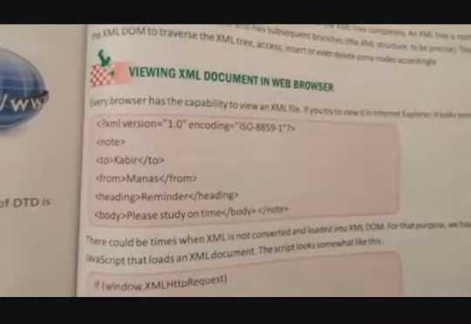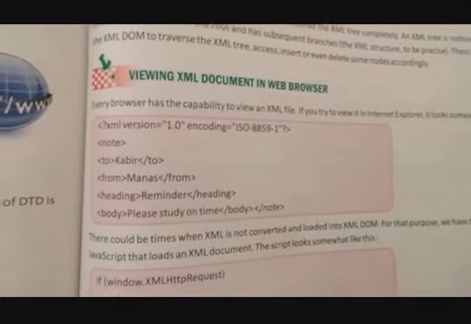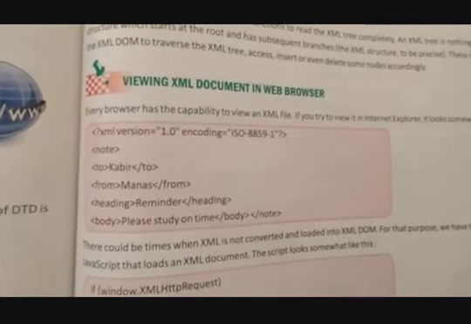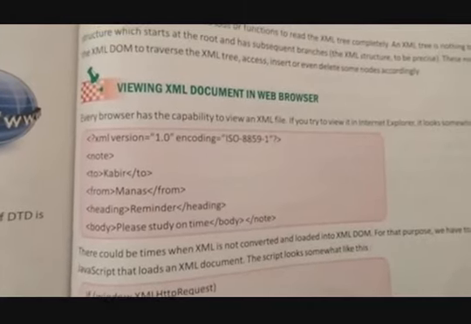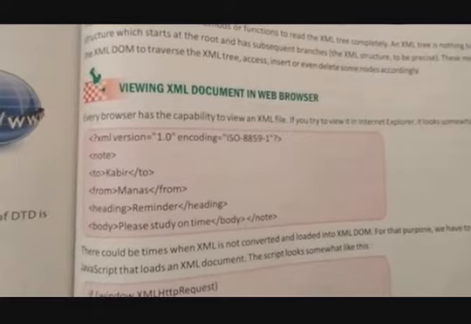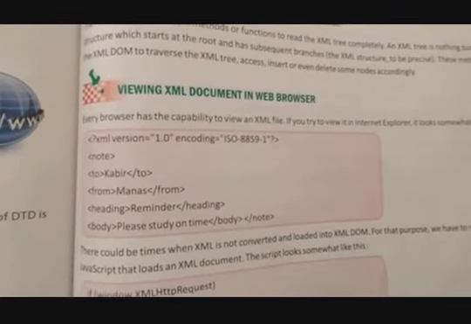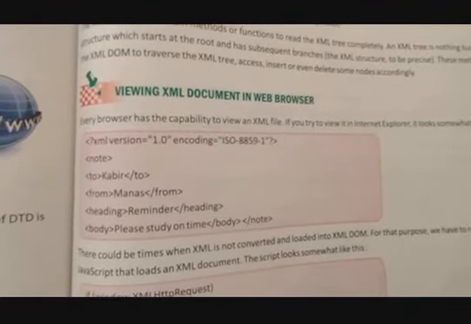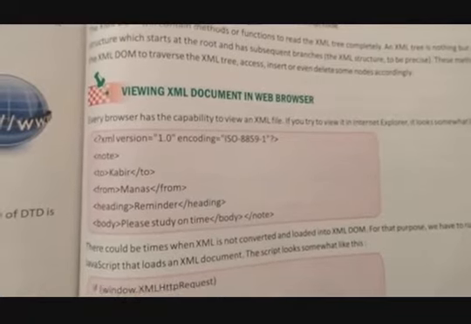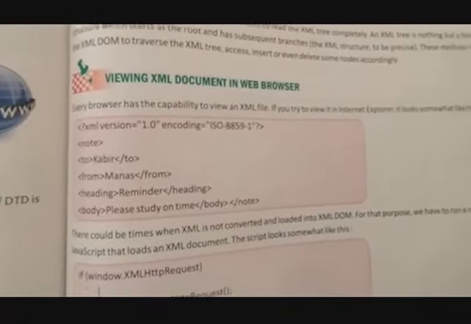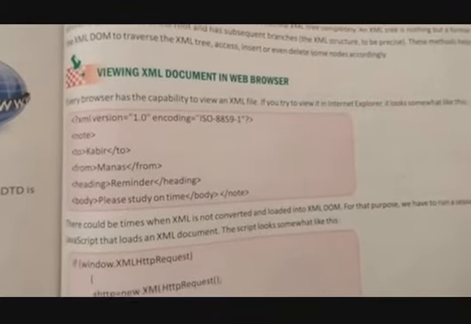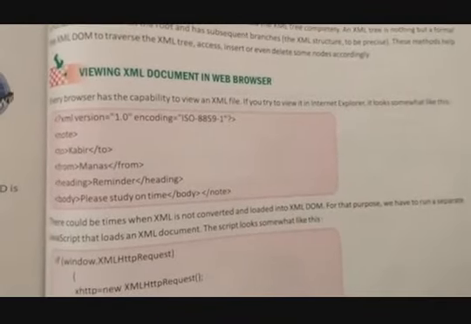Okay, and students, you know that in XML parser you have to convert this XML content into JavaScript object mode, that is called XML DOM. So your browser will automatically convert this XML content into your XML DOM, but there could be times when XML is not converted into XML DOM. For that purpose we have to run a separate JavaScript code.